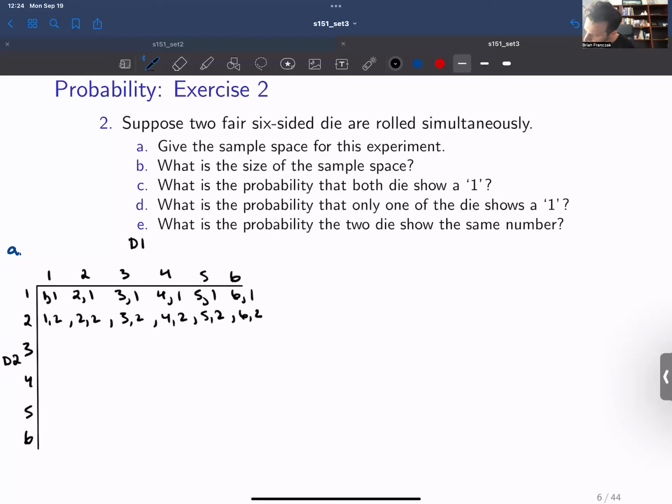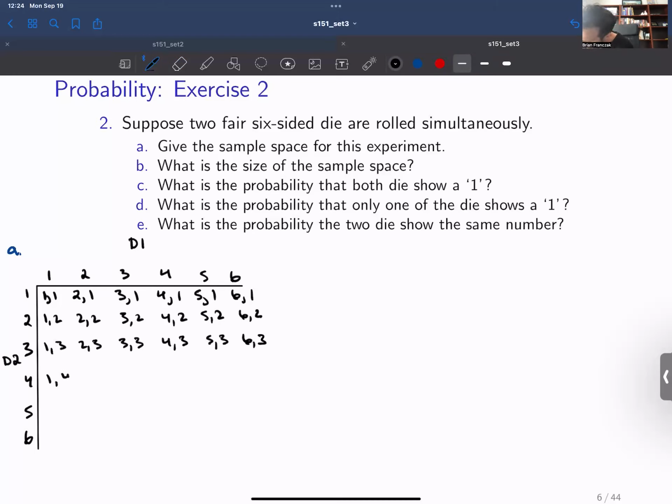And then 1, 3, 2, 3, 3, 3, 4, 3, 5, 3, 6, 3. I'll get rid of the commas in between here, just so this isn't quite as messy. So now we see 18 different outcomes, but there's still another 18 that we have to enumerate.